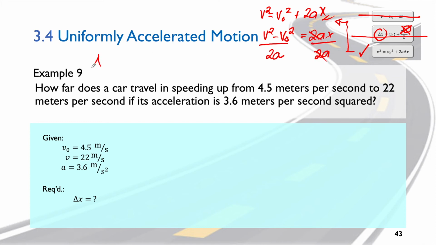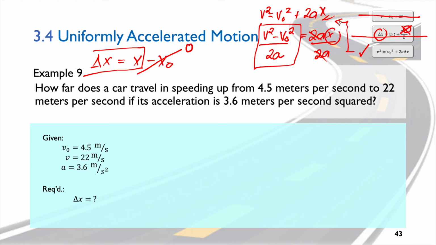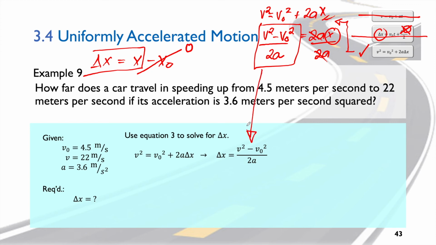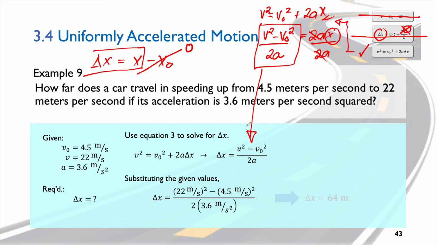Guys, the delta x is equal to x minus x naught, but it started from 0, so they are just equal, in case you're wondering. So we have this equation for representing the x value. Let's just use that formula. You substitute the values, and then you'll have this answer, 64 meters.